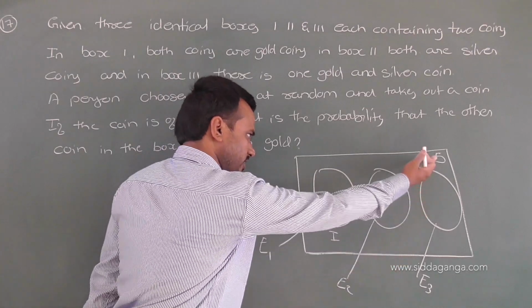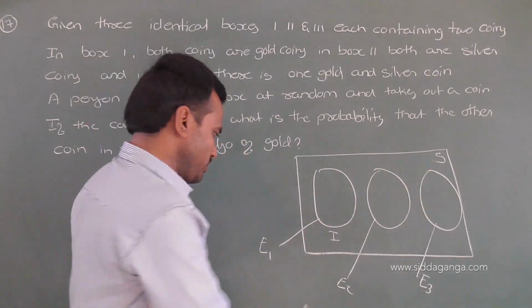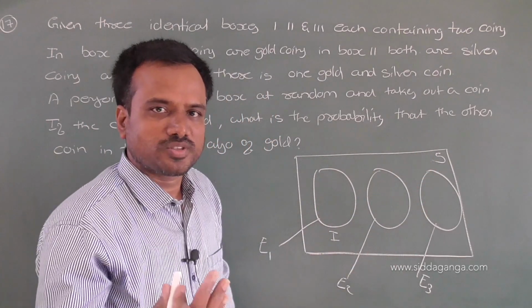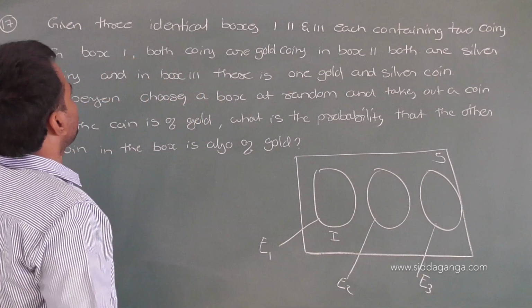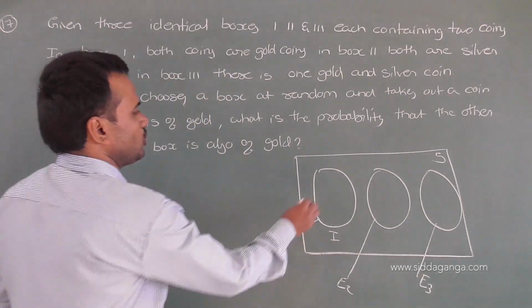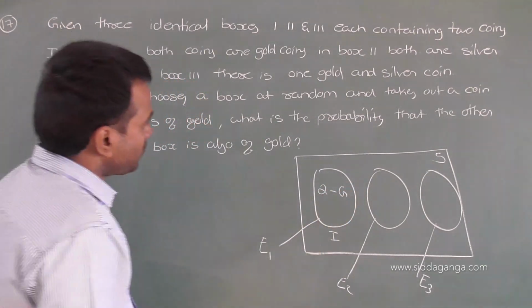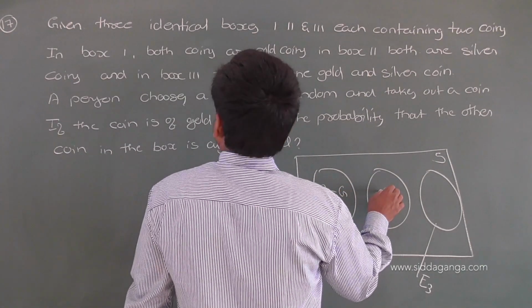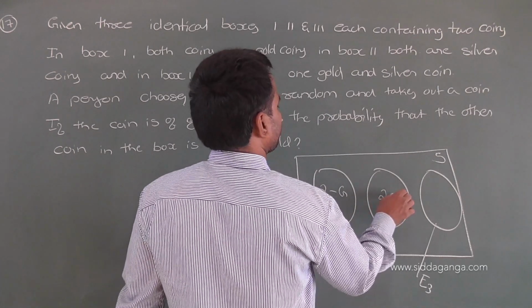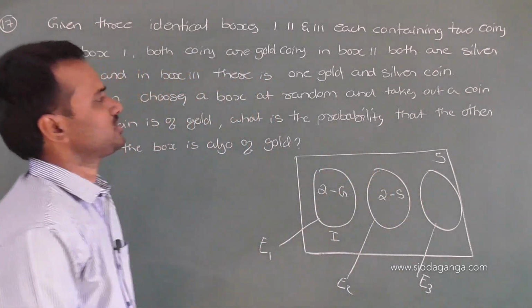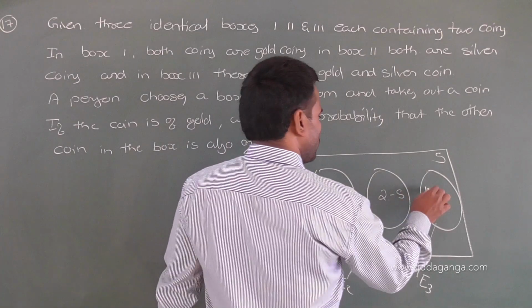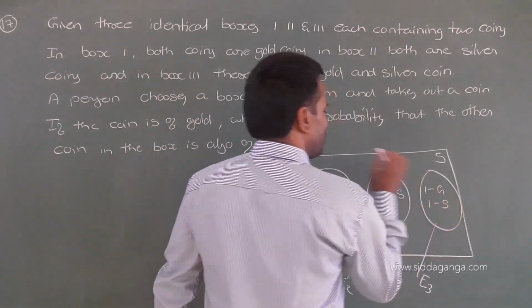Why do we treat them as mutually exclusive and exhaustive events? Because their union gives the sample space, and their intersection gives the empty set. In box 1, 2 coins are gold. In box 2, 2 are silver coins. In box 3, 1 is gold coin, 1 is silver coin.